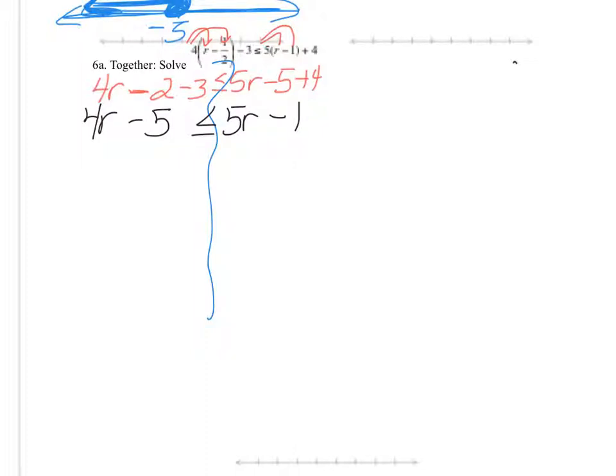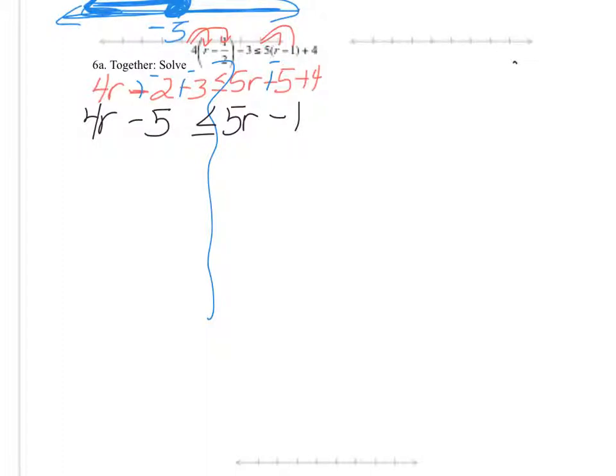If you're wondering how, I have plus a negative, and plus a negative. So negative 2 plus negative 3 is negative 5, and negative 5 plus 4 is negative 1.